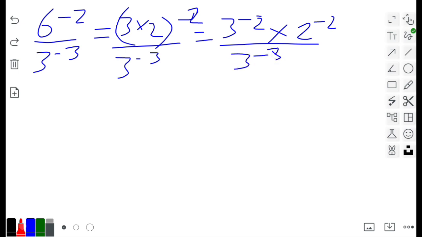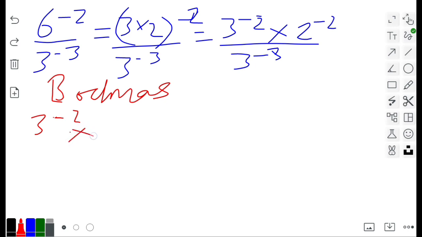Now, considering my Bodmas rule, I'll be having 3 raised to the power of minus 2 times 2 raised to the power of minus 2 divided by 3 raised to the power of minus 3.